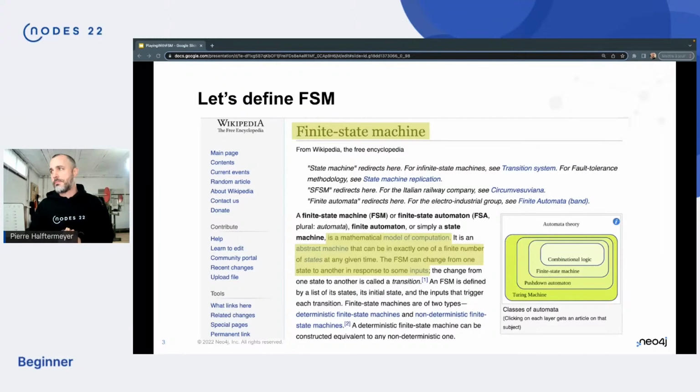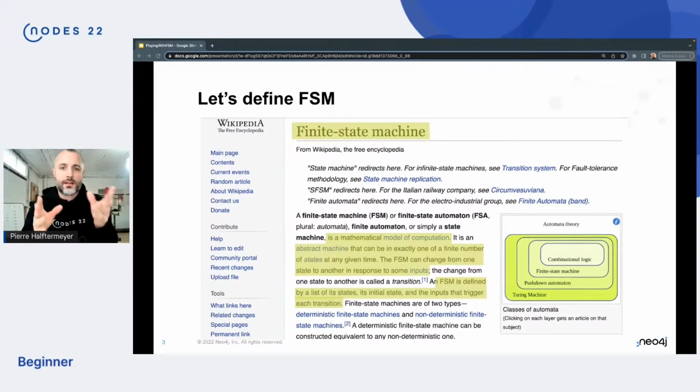The FSM can change from one state to another in response to some inputs. So we have states, we have inputs, and states change with those inputs. An FSM is defined by a list of its states, its initial state, and the inputs that trigger each transition. So we have states and transitions.